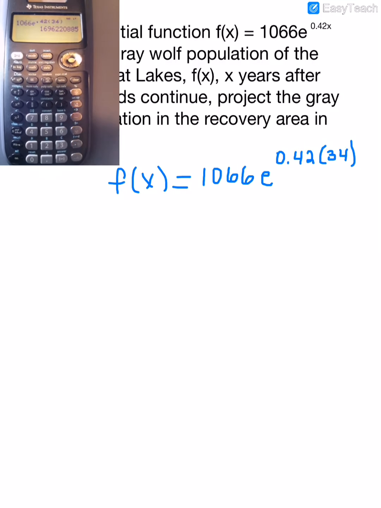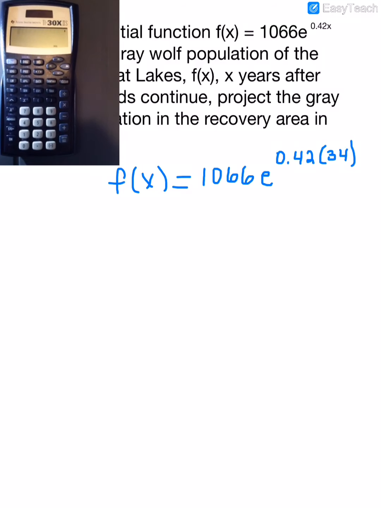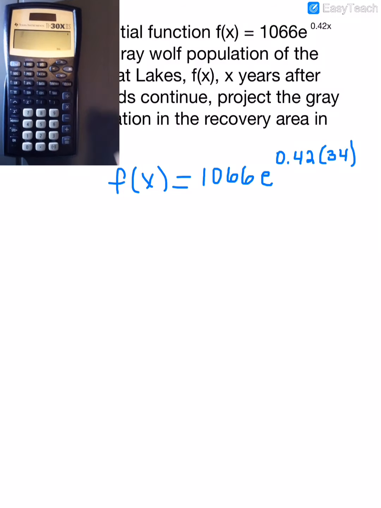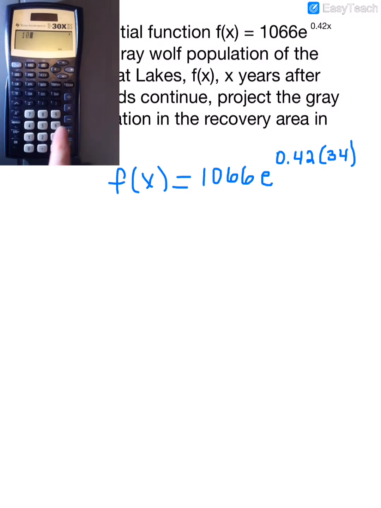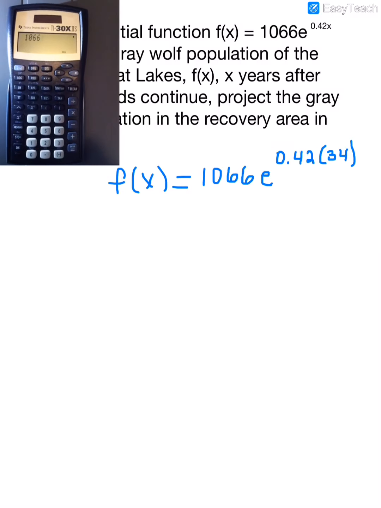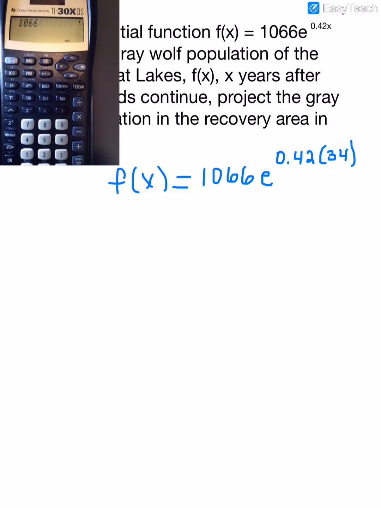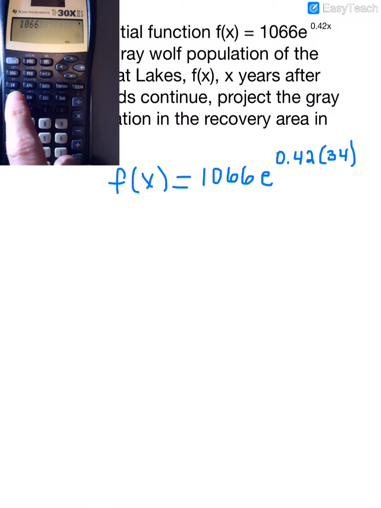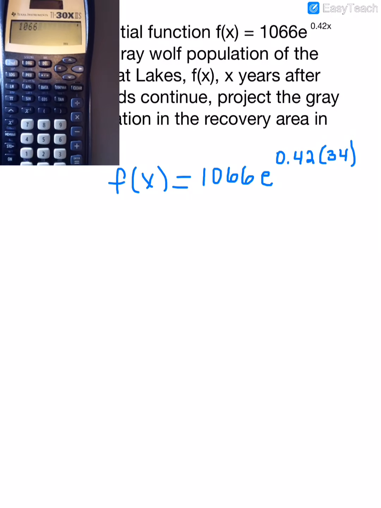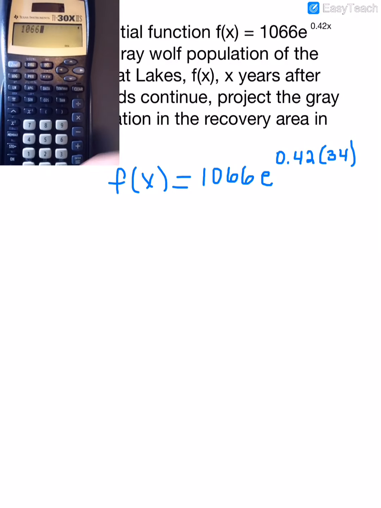All right, so now let's look at it in the other calculator, the TI-36 X IIS. Again, we just type in 1066. Now the E button here is not on the actual button. If you'll notice, above the LN key, the natural log key, there's an e to the x power in blue.